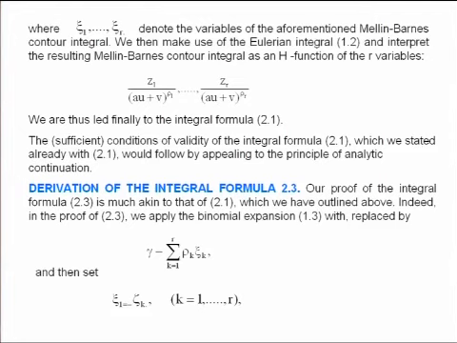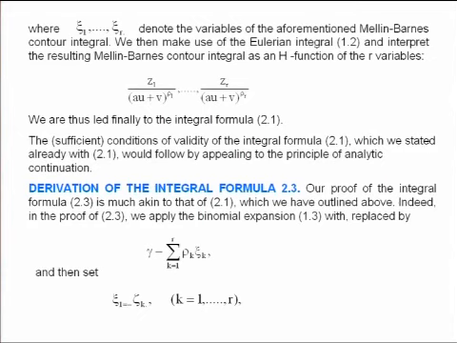We then make use of the integral formula 1.2 and interpret the resulting Mellin-Barnes contour integral as an H function of the r variables z1 to zr, which leads to the final integral 2.1. For the sufficient condition of validity of the above equation, we would follow by applying the principle of analytic continuation.